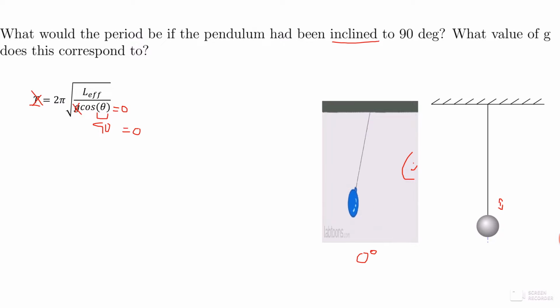And from 90 degrees, there is no movement. And if there is no movement, there is no corresponding period, and therefore there is no corresponding gravitational acceleration. There simply is none, because we cannot have a value if it's not moving. So what value of g does this correspond to? Well, you could say infinite, but the better option is to say that there is simply no value of g that corresponds to it. Why? Because there's no movement.